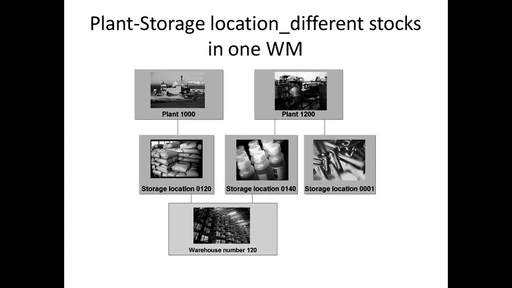Whenever you give the plant and storage location in GR, it validates and triggers the function module and verifies some tables, so it will call for this particular tab. Otherwise, it will not trigger that function module. Got it.